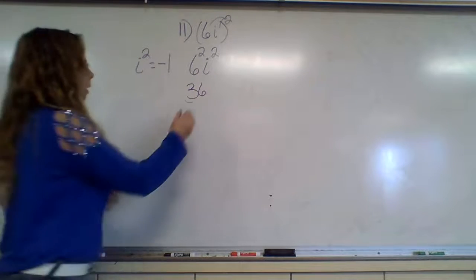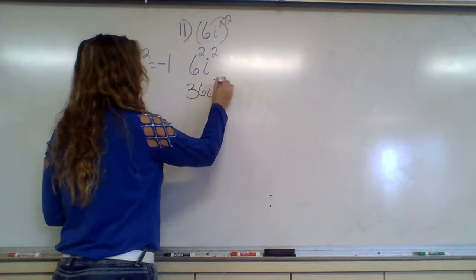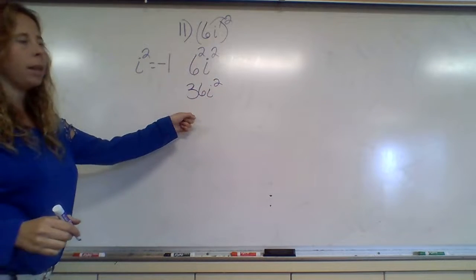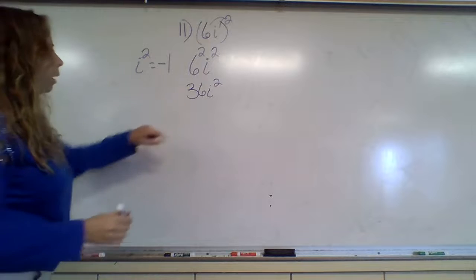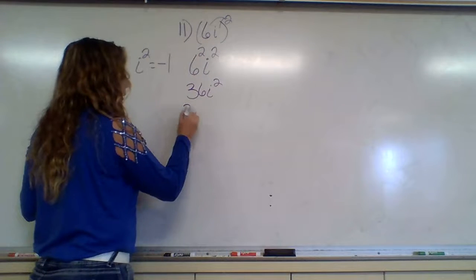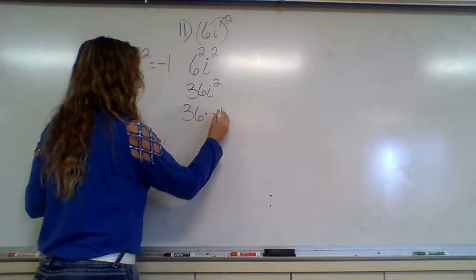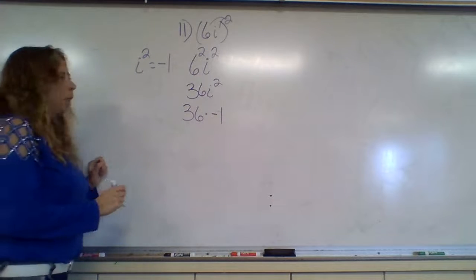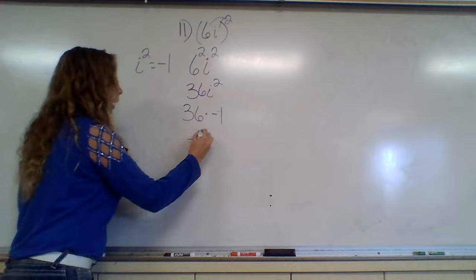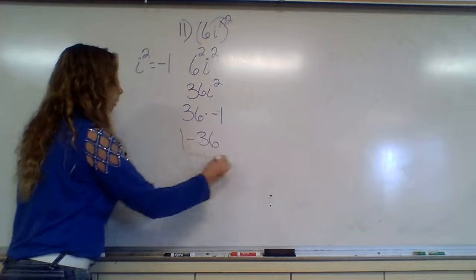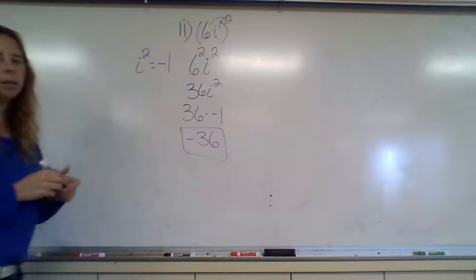So if you just leave it 36i squared, you're not all the way simplified. You have to substitute -1 in for i squared, so you get -36. And that is your answer.